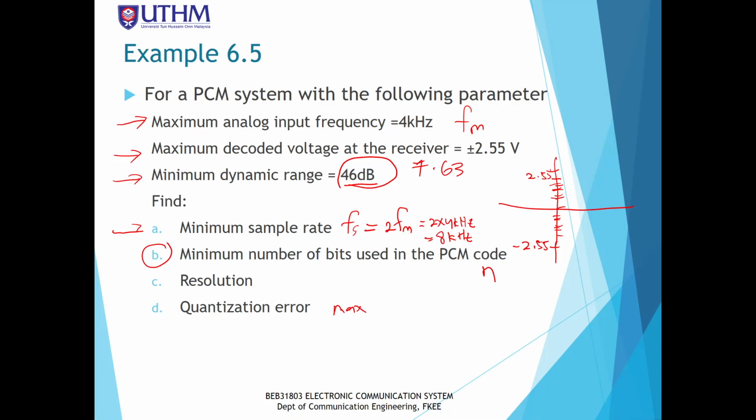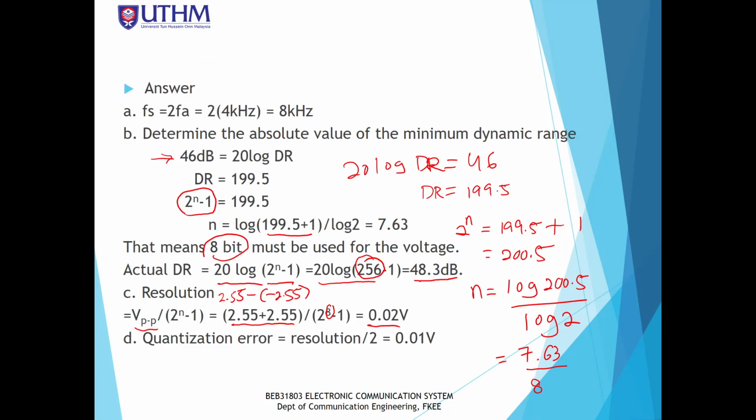So 0.02 divide with 2, so we're going to get 0.01 volt. So this is the maximum quantization error, or maximum Qe.